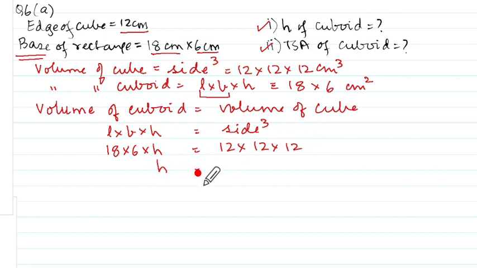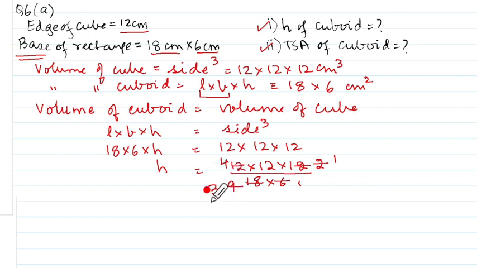So H will be equal to 12 times 12 times 12 divided by 18 into 6. Now 6 ones are 6, 6 twos are 12, 2 ones, 2 nines are 18, 3 threes, 3 fours, 3 ones, 3 fours. So we will have height as 16 centimeter. So this is going to be our answer 1.